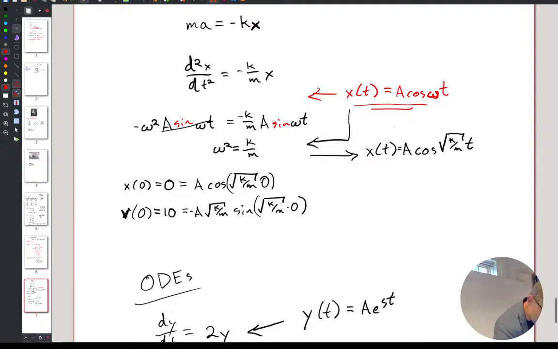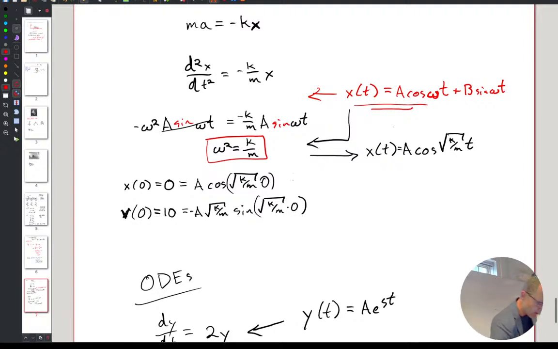So instead of just saying that it's cosine, let's give it two unknowns, A and B, now called integration constants, that we only know once we plug in and figure out the initial conditions. And we still get the same result that omega squared is still k over m.